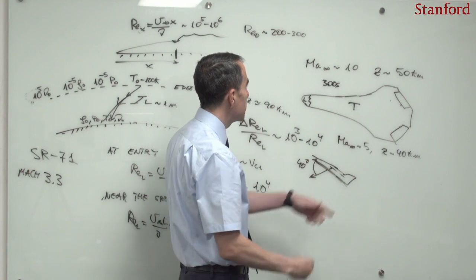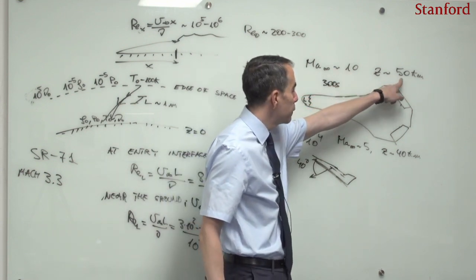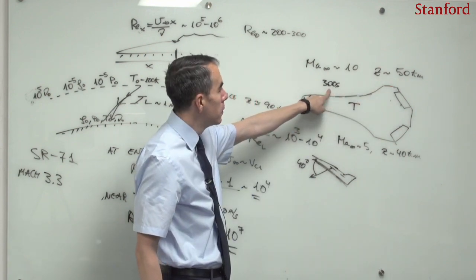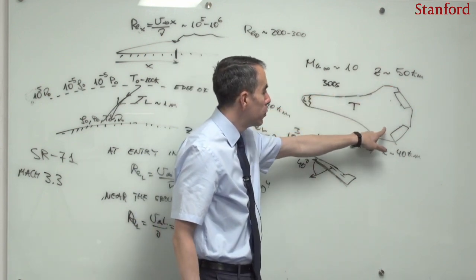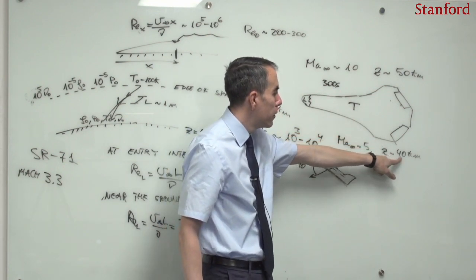So just to summarize, transition would start at Mach 10 at an altitude of 50 kilometers, would last for 300 seconds, and would end near Mach 5 and at an altitude of 40 kilometers.